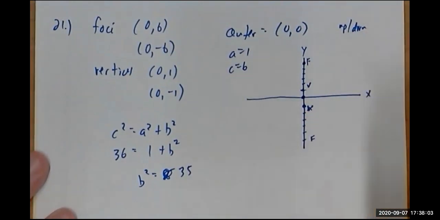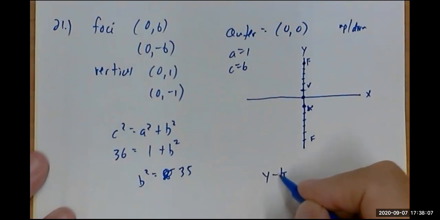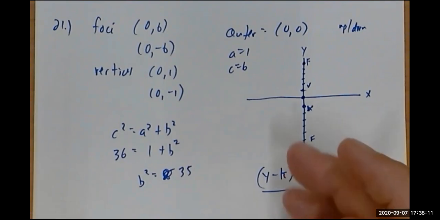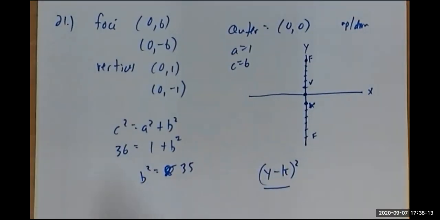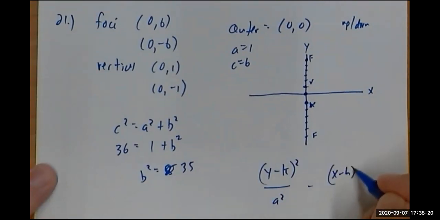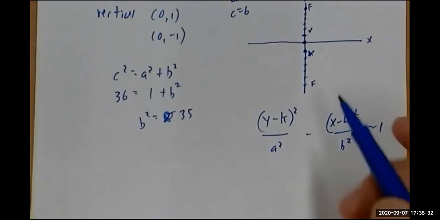So this is an up or down standard equation. Y minus K quantity squared over A squared minus X minus H quantity squared over B squared equals 1. Now I think I have everything I need to plug in to get the equation.